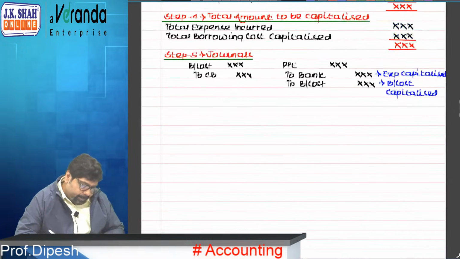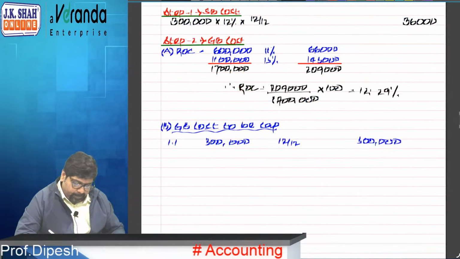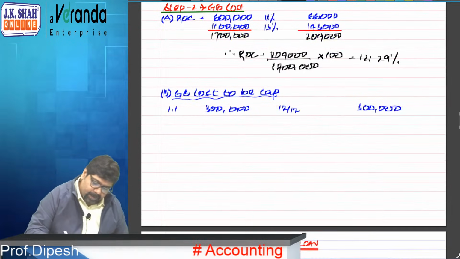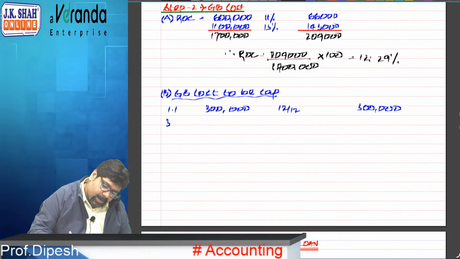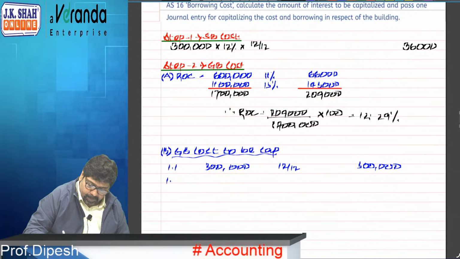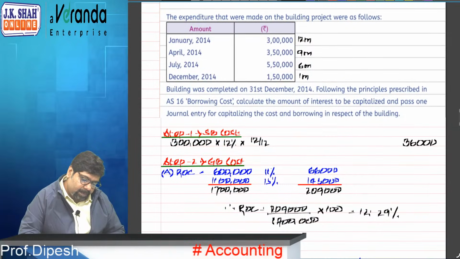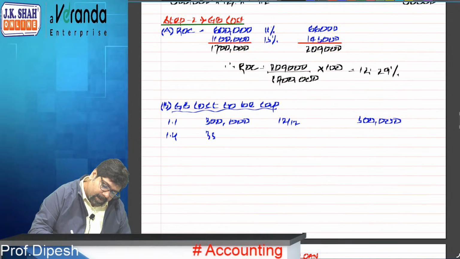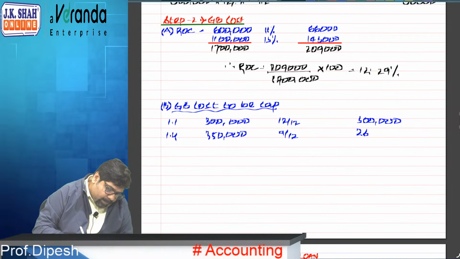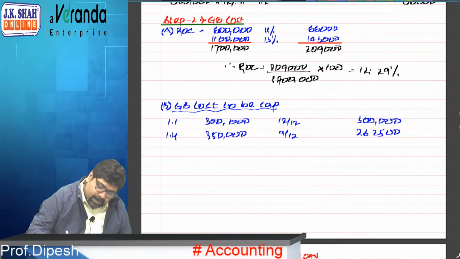Then 3,50,000 on 1st April, into 9 divided by 12, is 262,500.